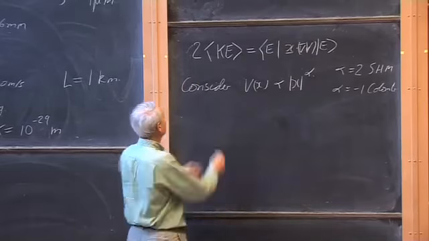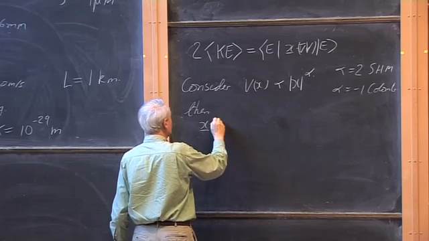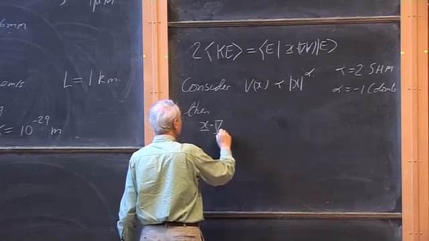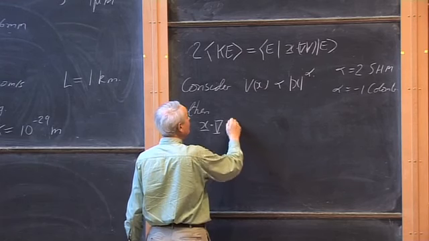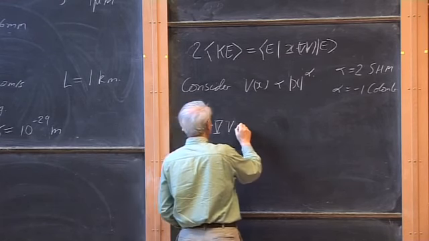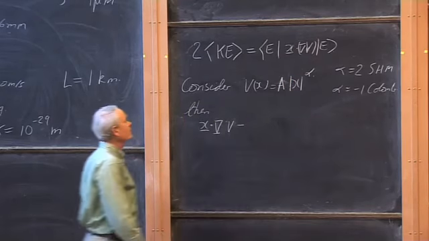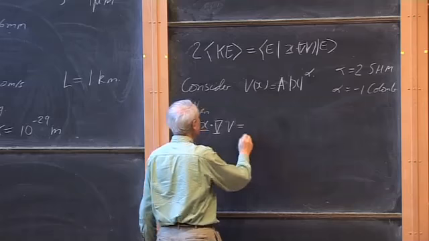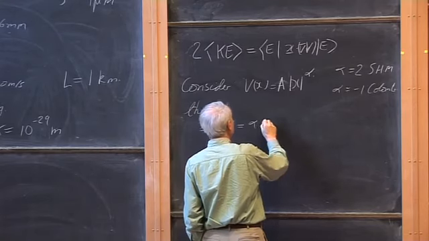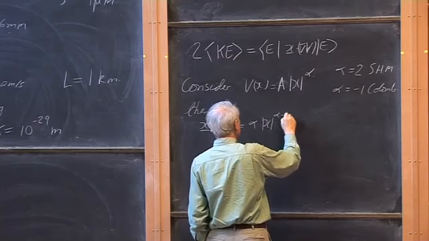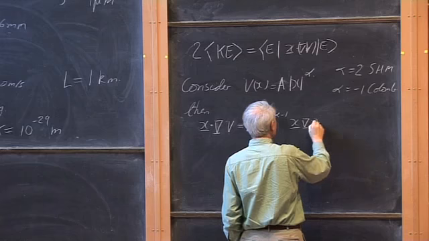In this case, if we ask ourselves what is x dot gradient of V, well, we'll say that V is equal to some constant A times mod x to the alpha. What is this going to be? It's going to be alpha mod x to the alpha minus 1 times x dot the gradient of mod x.